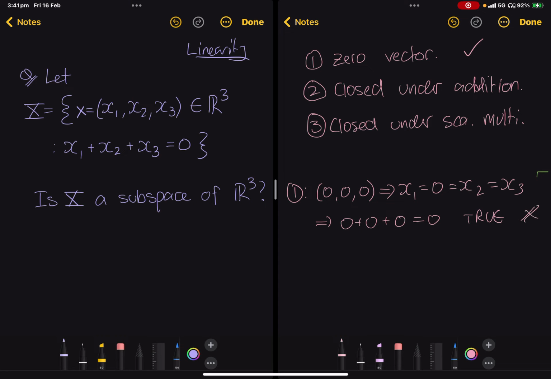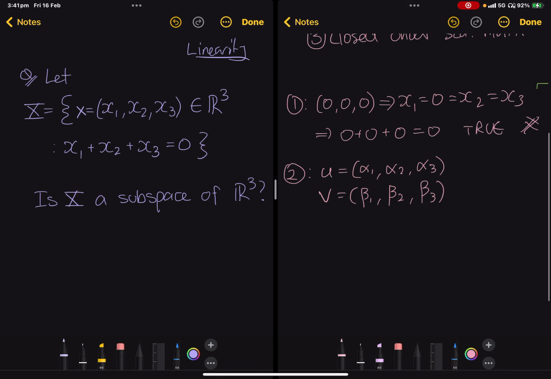So now let's check for closure under addition. We're going to take two vectors. We're going to call the vector u, which will be equal to, let's say, alpha 1, alpha 2, alpha 3. And then we're going to take v, and this will be equal to beta 1, beta 2, beta 3. These vectors satisfy the condition x1 plus x2 plus x3 is equal to 0.